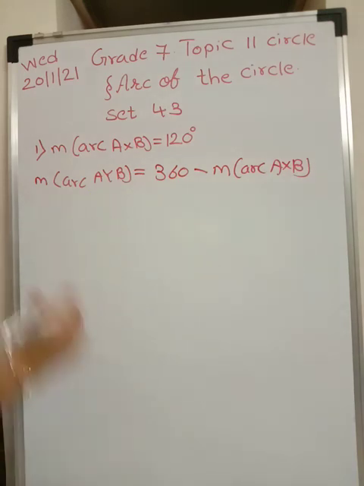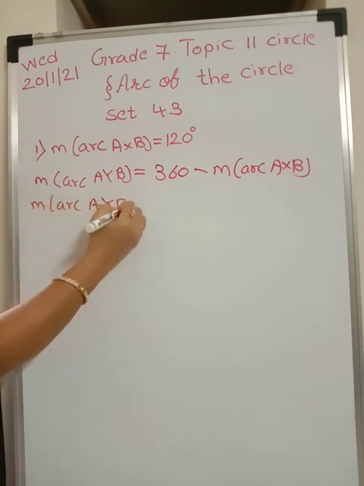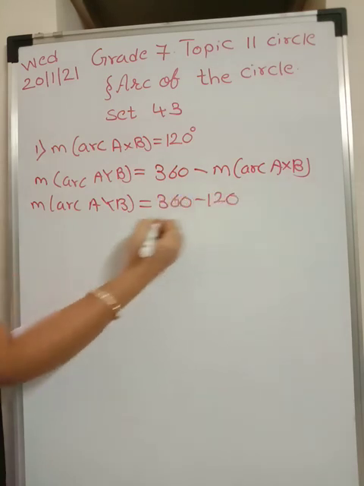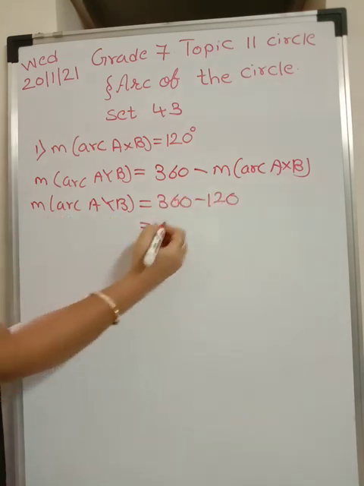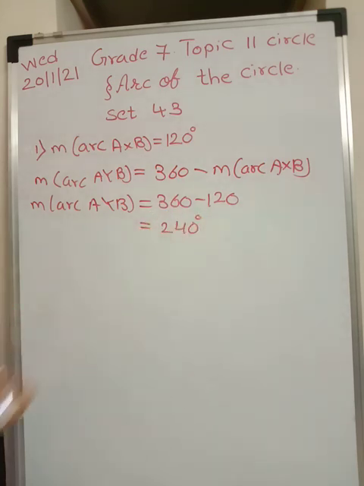So we have the measure of arc AYB equal to 360 minus 120. So ideally it would be 240 degrees. Got it?